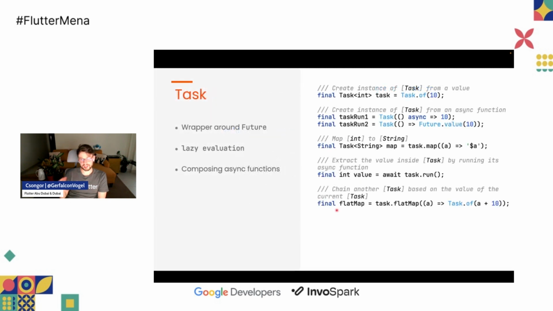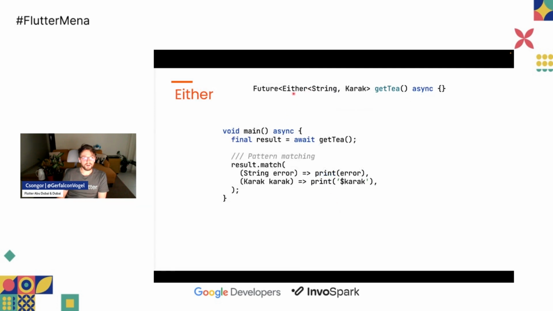Let's take another example, which is the Task. Why do we need to talk about the Task? Because we can observe that if I just need the type, I just need the character, why do I need to read all that? Okay, I have Future Either String character. I'm a bit lost about what the return type of my function is.